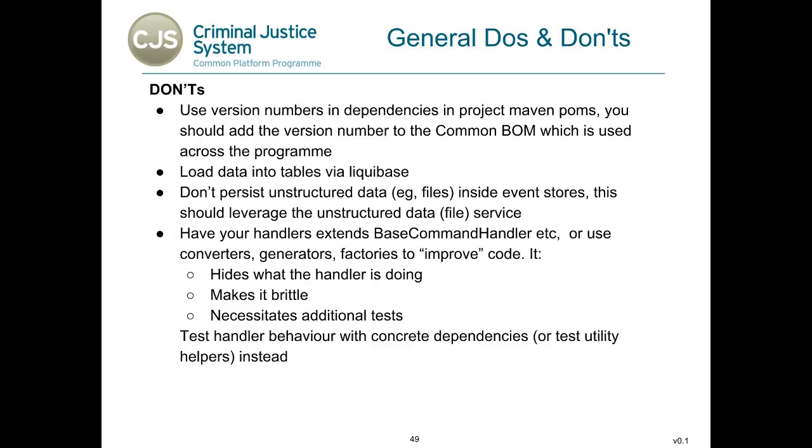Therefore, if there is always a one-to-one mapping between the command, the aggregate business method and the event, particularly for complicated aggregates, that is probably a smell that the model that's been chosen is wrong. It doesn't necessarily mean that it is wrong, but it probably is.